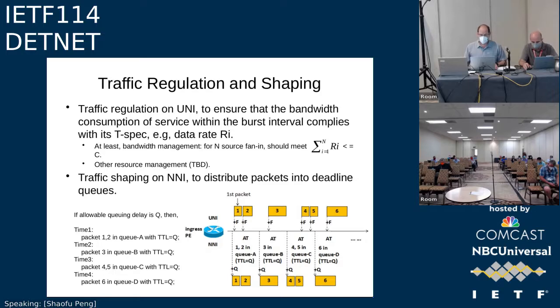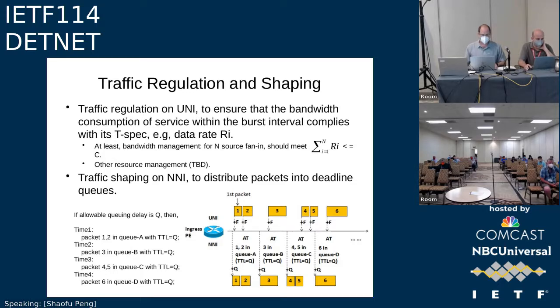At least we should do bandwidth management for multiple sources. For n sources, the sum of the data rate of each service must be less than the port bandwidth. Other resource management will be provided in later versions.